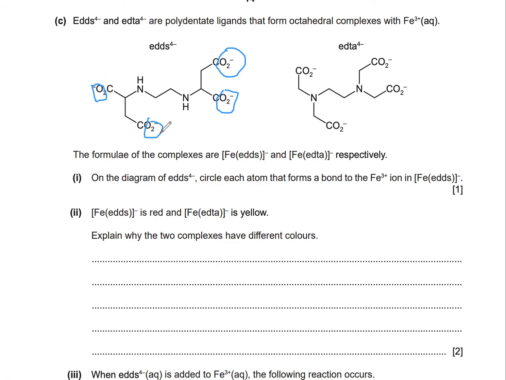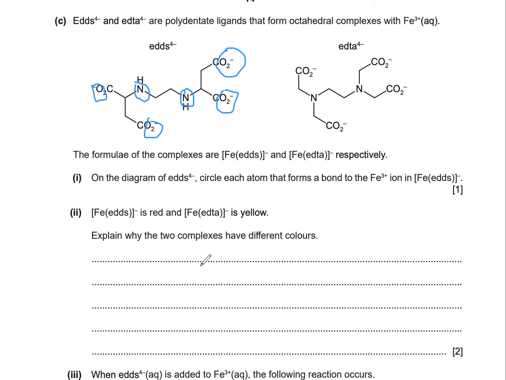Because they're negative, and when they lose the protons for NH, both amine groups, they'll form one with iron as well, and nitrogen. Okay, so these are all of the atoms that will form bonds.